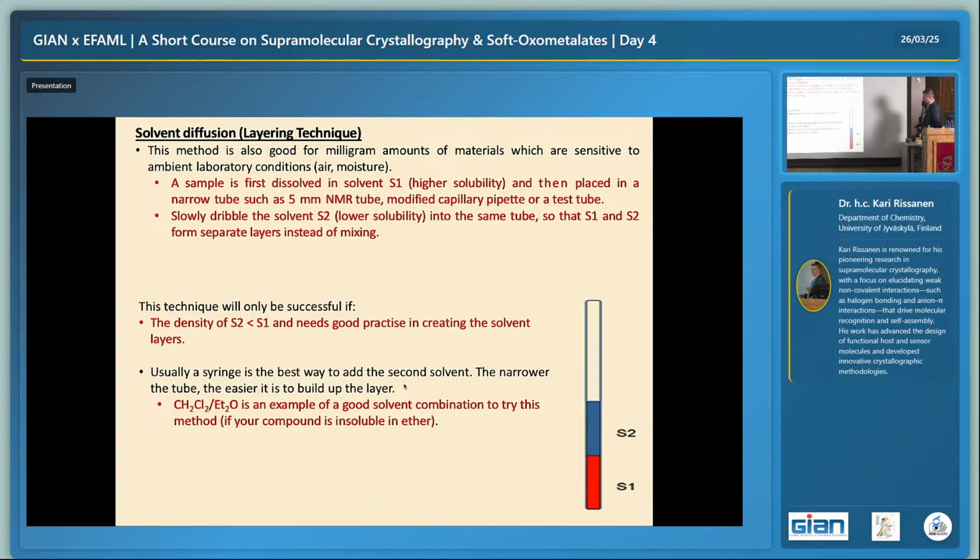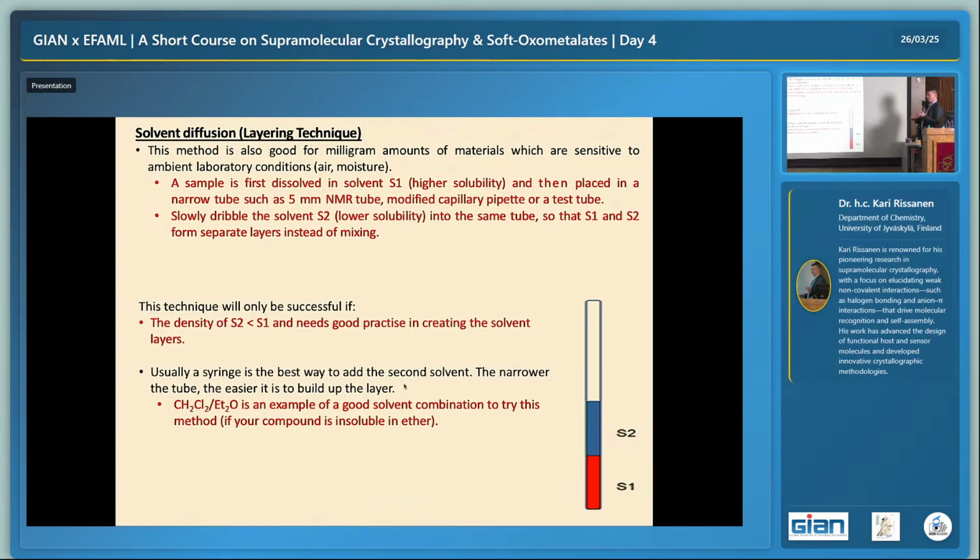And now the point is that our molecule is dissolved in the solvent S1, in which it is completely soluble, but the solvent S1 has to be a higher density than the solvent S2, which we put on top of it. And now there is a layer. So this is the bottom layer and upper layer, and then we have here the interface between these 2 layers.